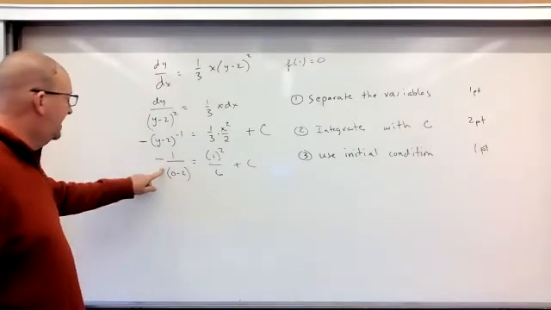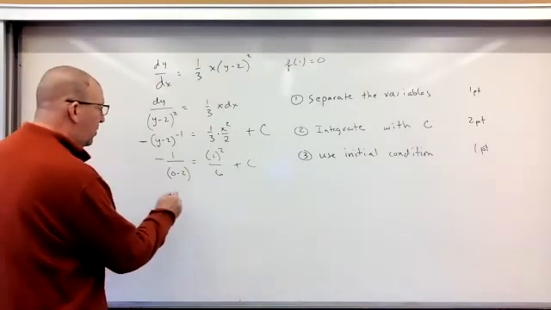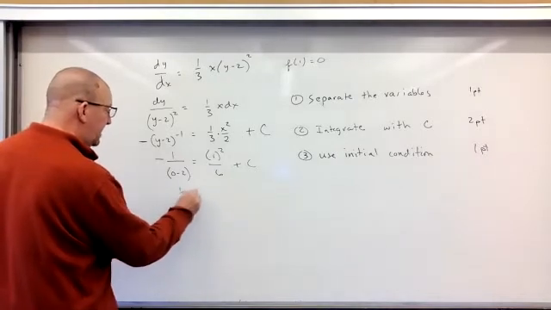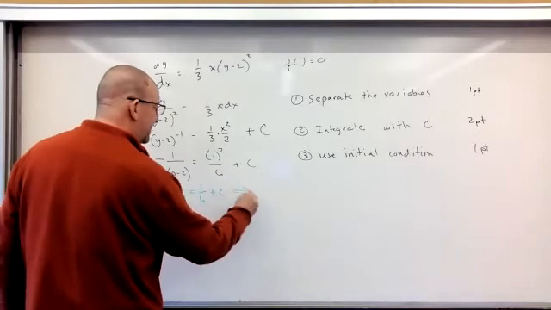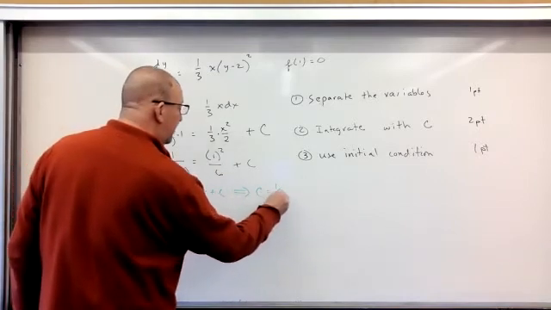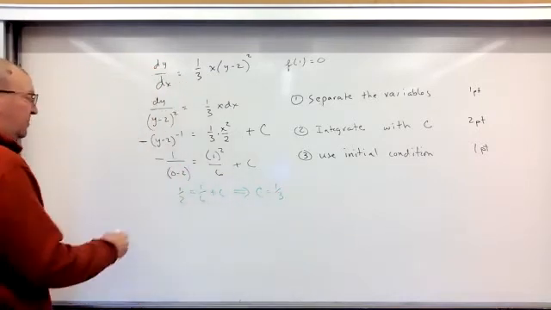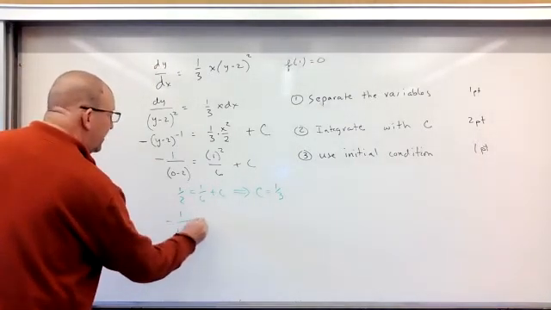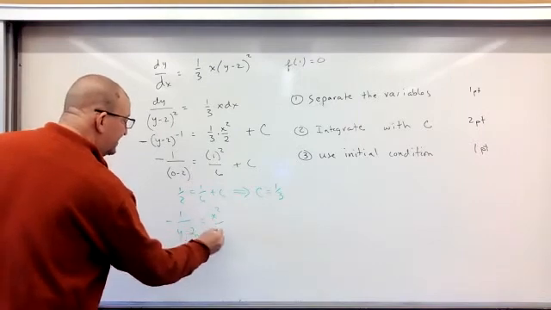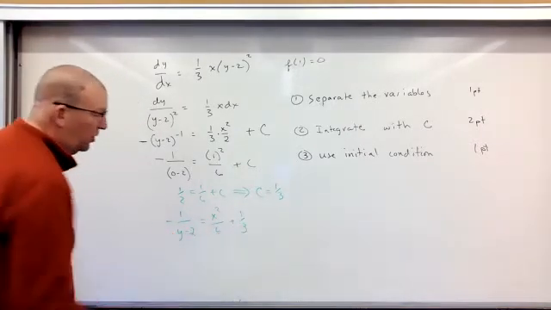Okay, so what is this? That's -1 over -2, so that's 1/2 equals 1/6 plus C, so 3/6 minus 1/6. So C is 1/3. So then we're going to say, okay, -1 over (y minus 2) equals x squared over 6 plus 1/3.